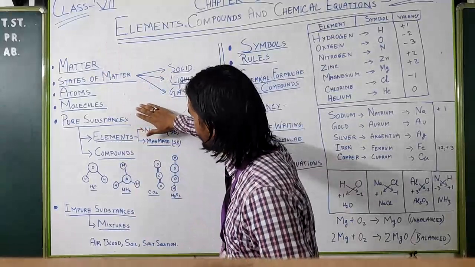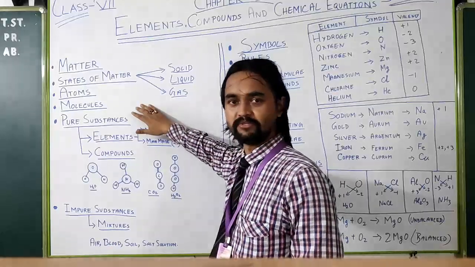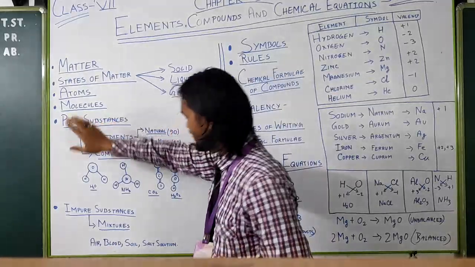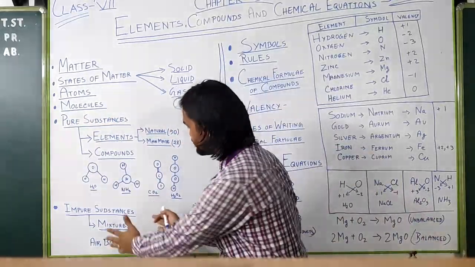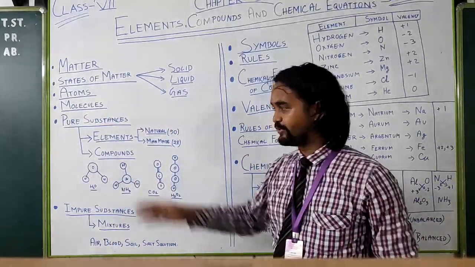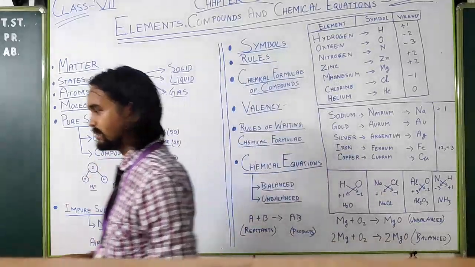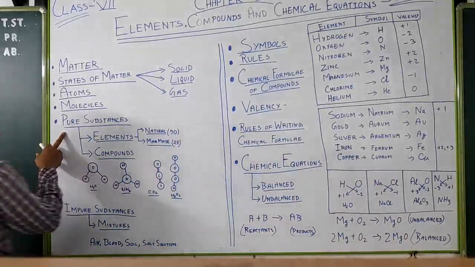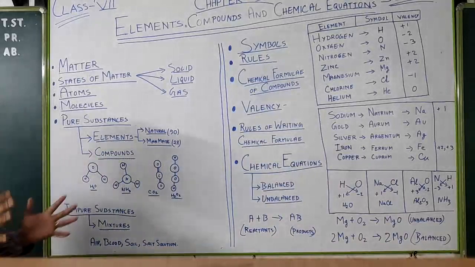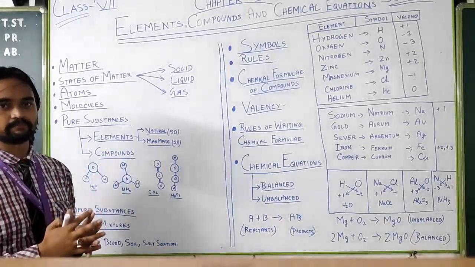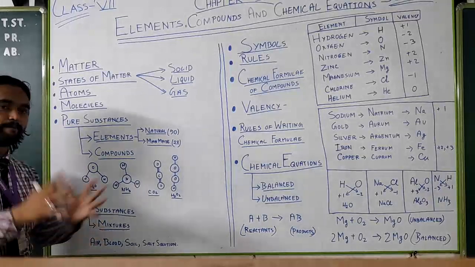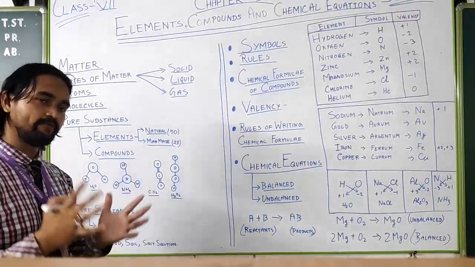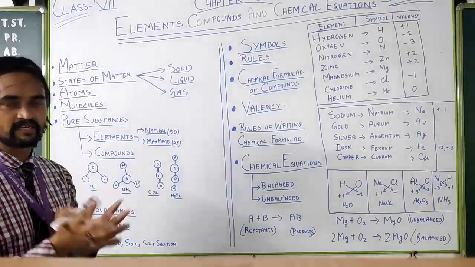Matter is divided into two types: pure substance and impure substance. What are pure substances and what are impure substances? Pure substances are those which contain only the same type of substance. That means it does not mix with different types of matter or substances.